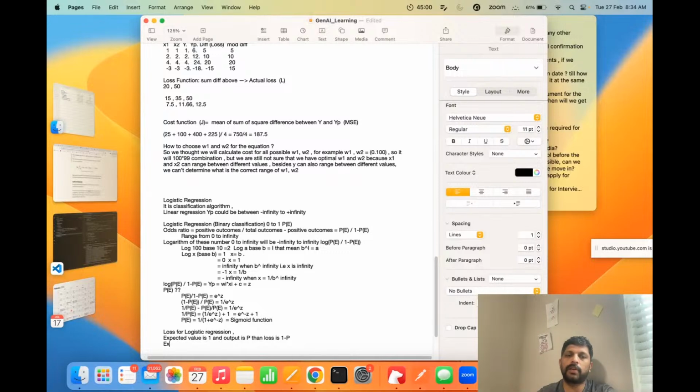Similarly, if the expected value is 0 and the output is p, then the loss is p, or minus p. So based on the input value, the loss is determined. If the expected is 1, this is the loss. If the expected is 0, this is the loss.